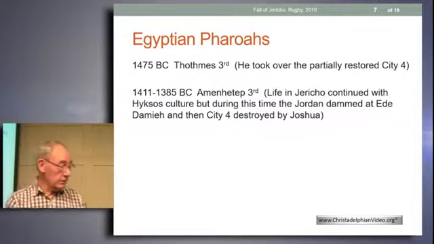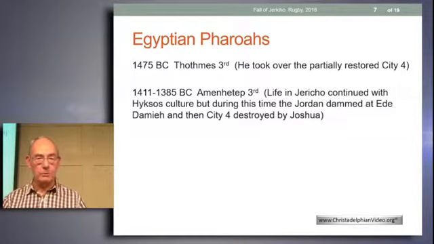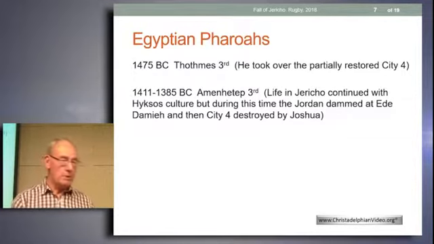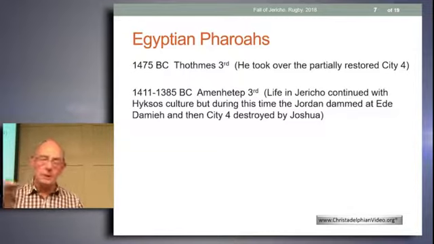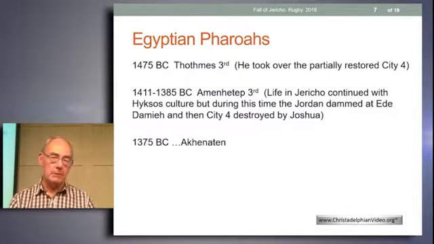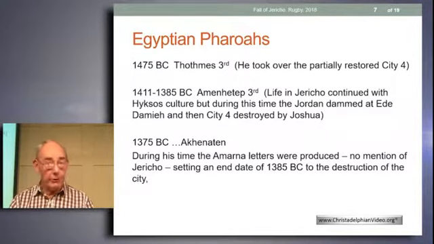Now, the next king was Akhenaten, and Akhenaten was responsible for some letters. They call them Amarna letters, and the Amarna letters are actually a sort of chronicle of the prominent cities in the Egyptian Empire, and no reference is made to Jericho.